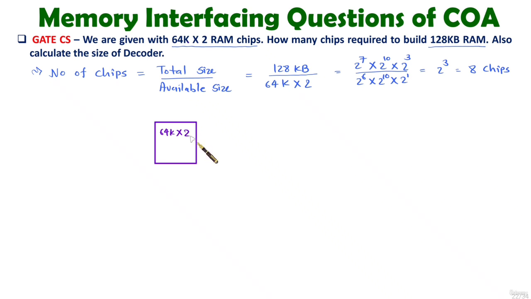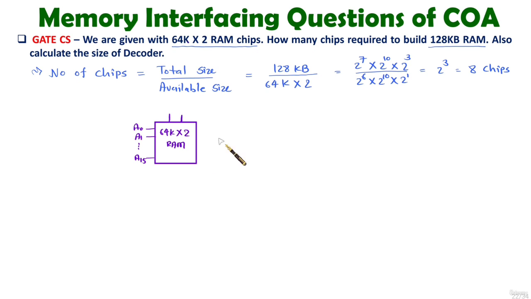When you talk about 64K cross 2, what does it mean? We have the number of addresses, 64K. 64 means 2 to the power 6, K means 2 to the power 10, so 16 address lines will be there, A0 to A15. And how many data lines are there? 2 data lines are there.